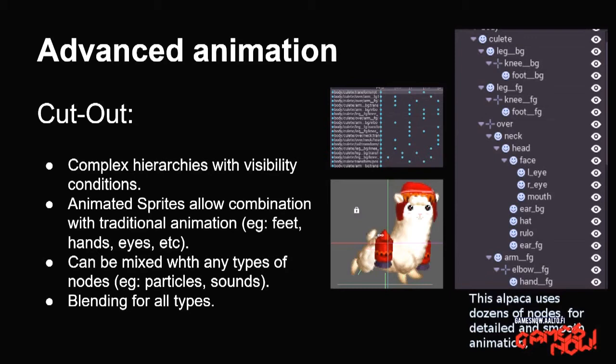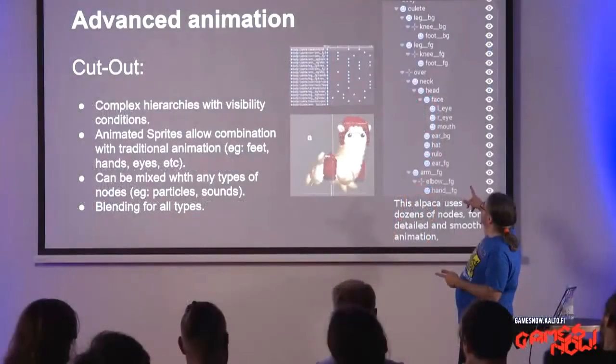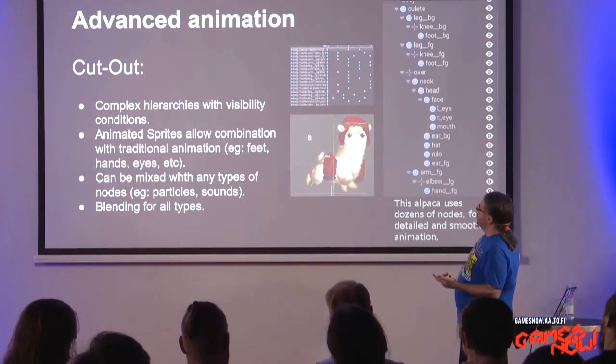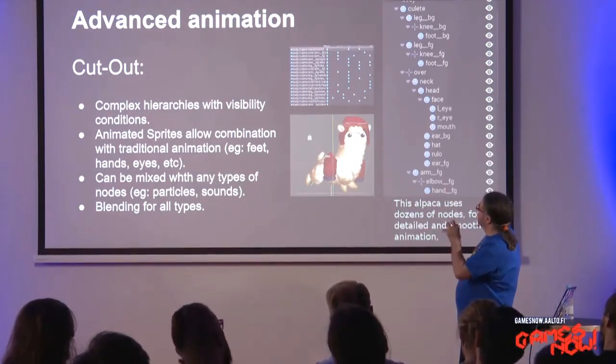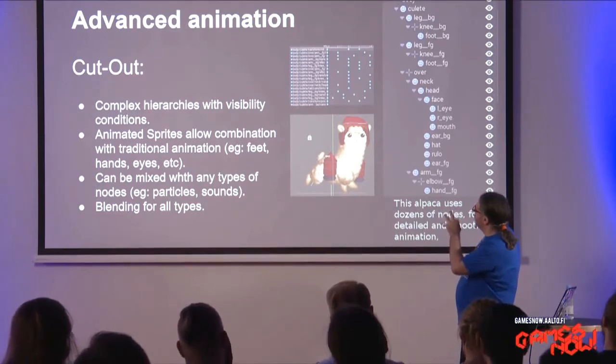We have a 2D skeleton node also with bones, where you can put sprites and move the bones. But you can combine this with sprite animation. So, for example, the legs here are nodes, and so you can rotate them and move them. But the face is a sprite with multiple frames. So you can change the frame and then change the movement of the legs.